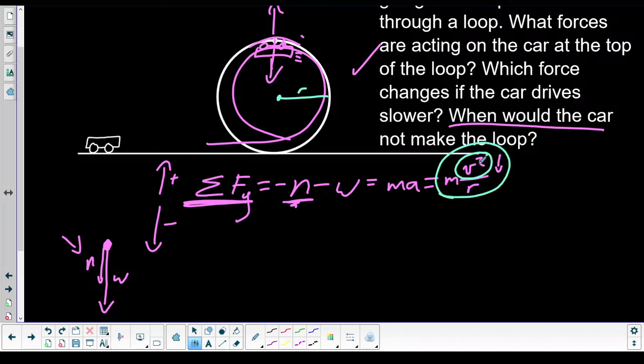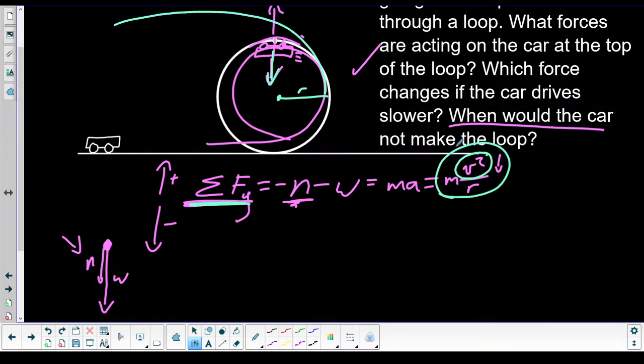My velocity will determine how much force is necessary towards the center of the circle to get me to go in that loop. If I don't have enough of this force, then I don't go in the loop and I spin out like that.